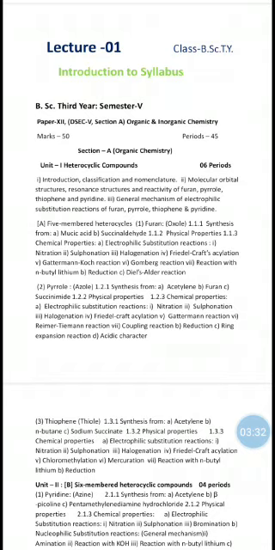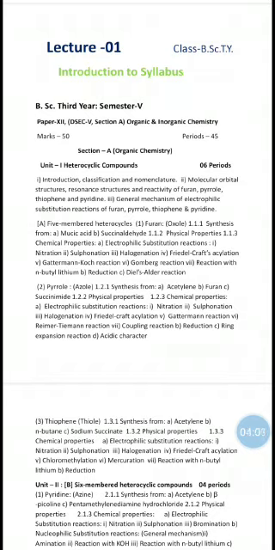Now these heterocyclic compounds have been further classified into various classes or types, and we have to see all those types with their preparation methods, their chemical reactions, and their general properties.